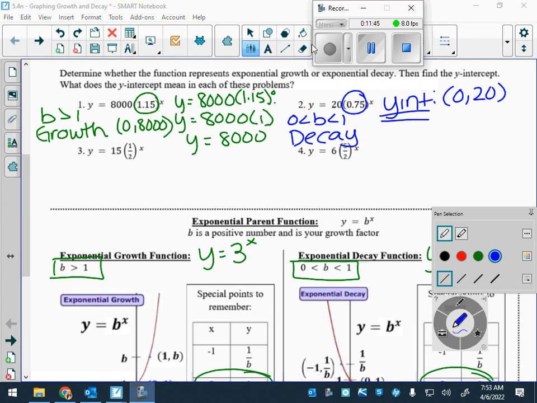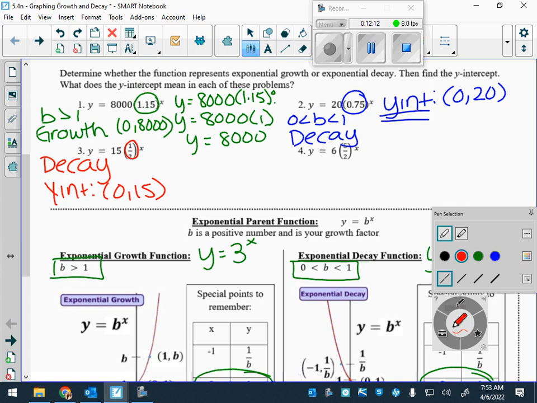All right. So, for the third one, what do we have? Camilla. Decay, good. Because 1/2 is in between 0 and 1. What is our y-intercept? Good. Our y-intercept is 0, 15.